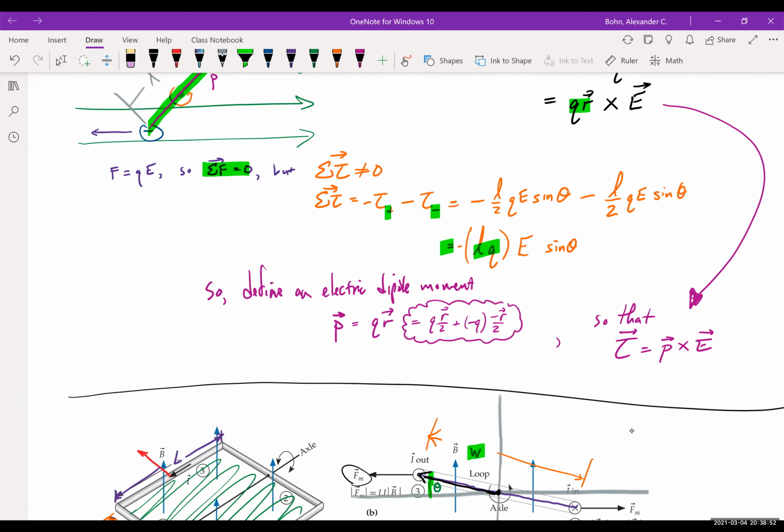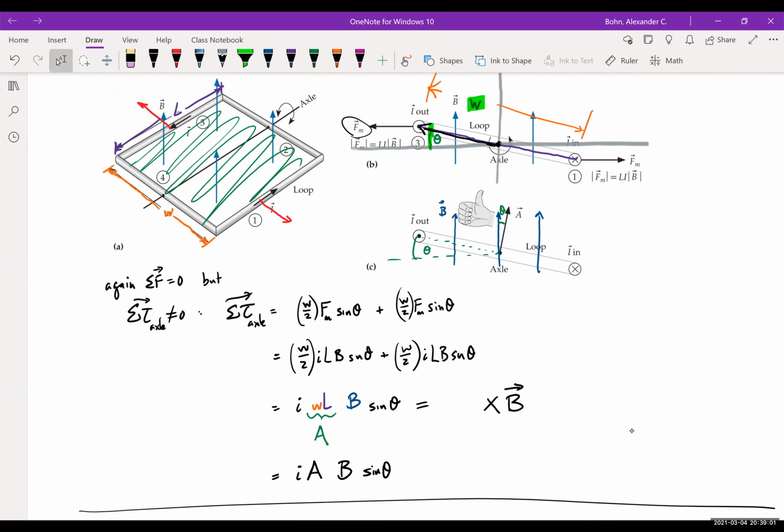So if we defined the charge and the length pieces as a dipole moment for electric fields, there's absolutely nothing to stop us from defining the charge piece times the space piece, current times area, as a magnetic dipole moment. I'll use the symbol mu.